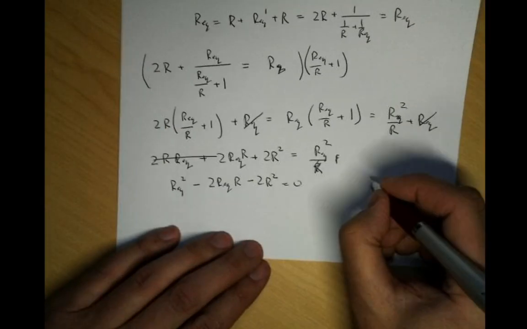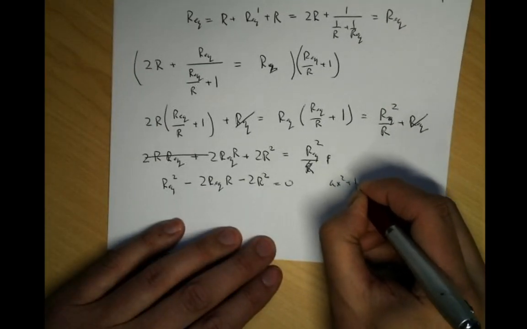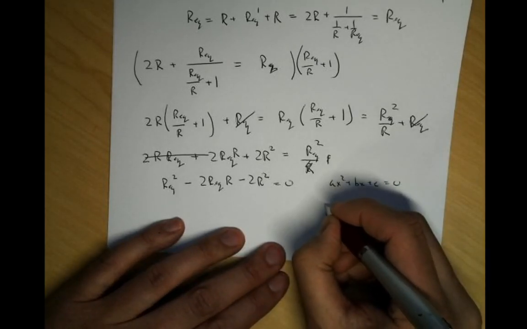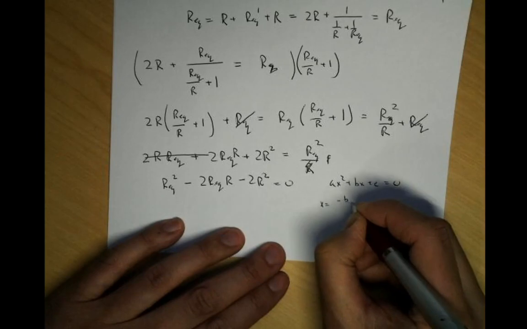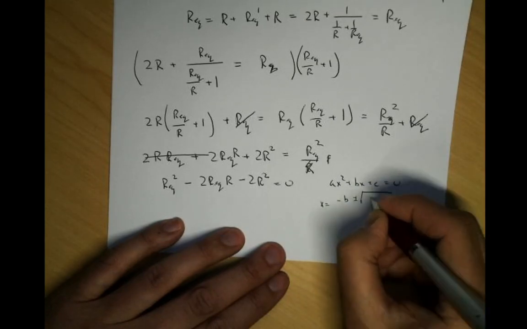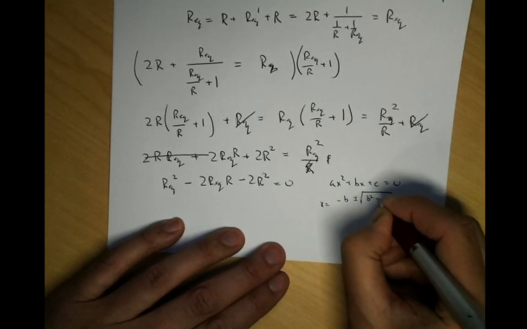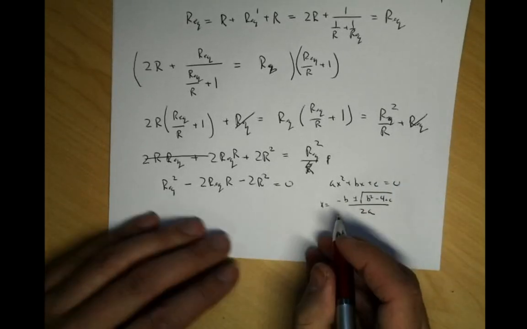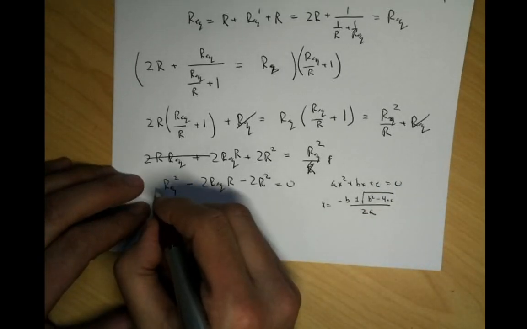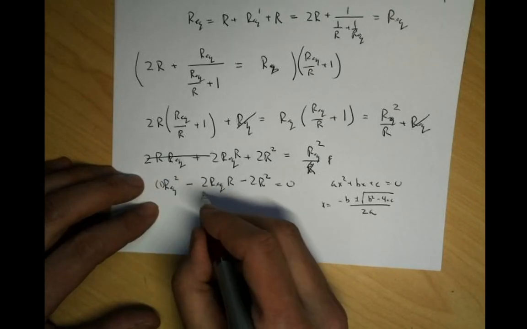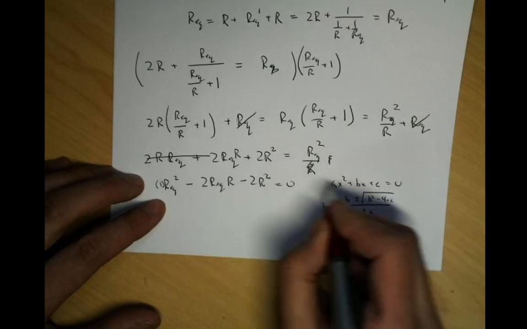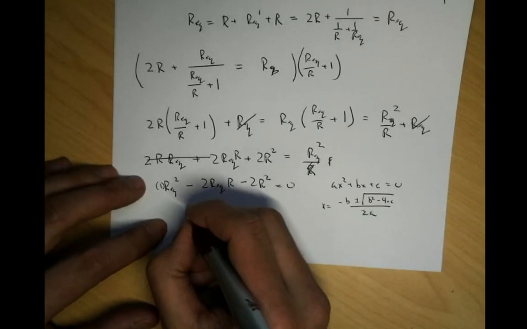And so basically recall ax squared plus bx plus c equals 0. The solution is x is equal to minus b plus or minus square root of b squared minus 4ac over 2a. All right? And so a in this case is 1, b is minus 2R, and then c is minus 2R squared. All right, so let's go do that then.